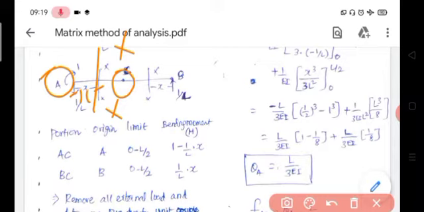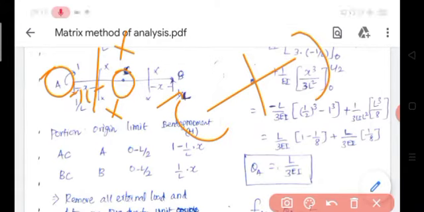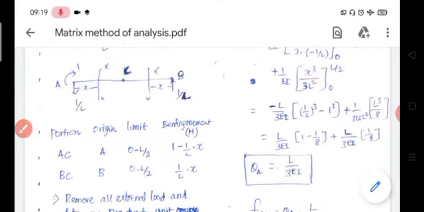We already know the sign convention: sagging moment is taken as positive. So the bending moment is 1 minus 1 by L into x. The 1 creates a clockwise, sagging moment about section XX, and 1 by L into x produces a hogging moment. Therefore 1 minus x by L.